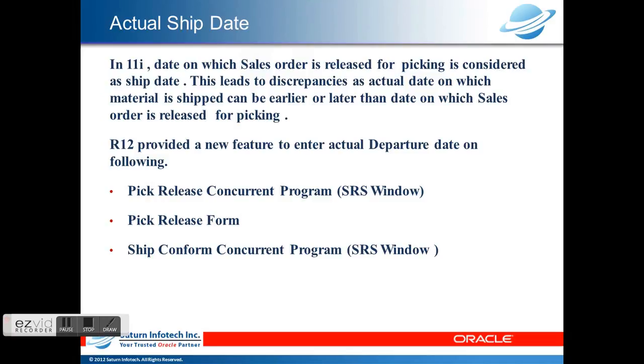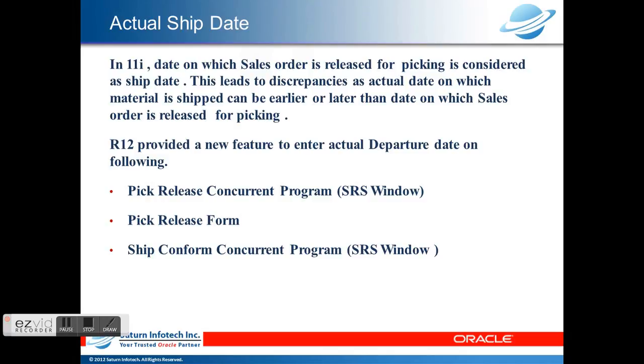Okay, now let's talk about the actual ship date. This is one of the interesting features provided in release 12. In 11i, whenever we released the sales order for picking, that date used to be considered the actual ship date, but in reality it depends on how business is conducted by different organizations.